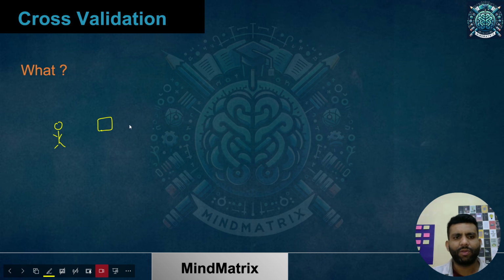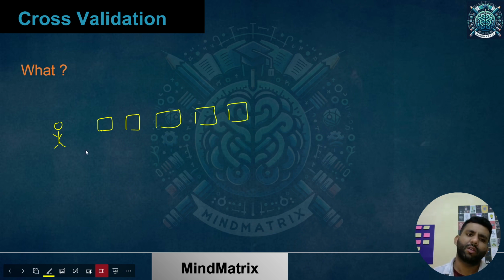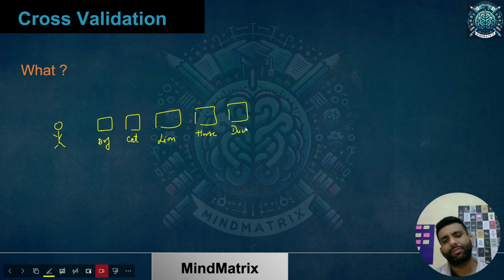Let's suppose there are overall 5 pictures: one having a dog, then another having a cat, maybe a lion, a horse, and let's suppose a duck. These are the five pictures you're having, and this is a child.